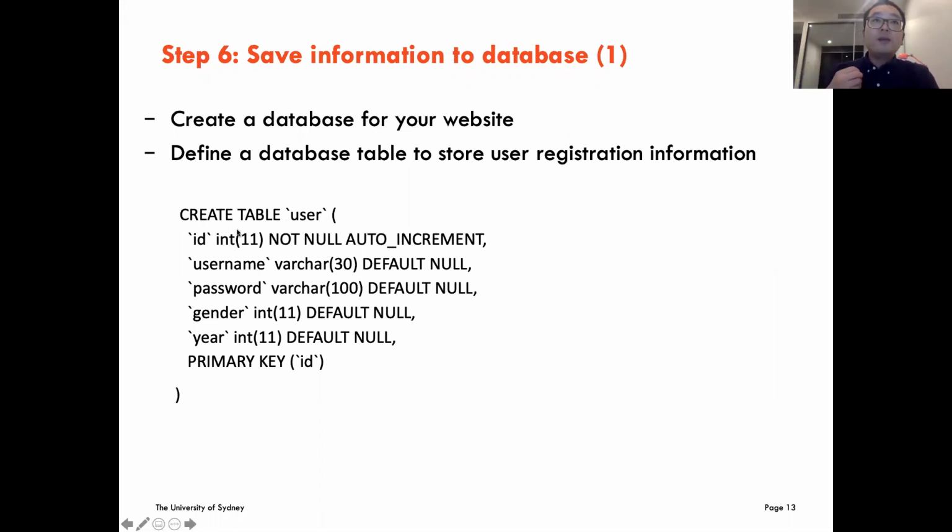In this table, there will be 5 fields: the user ID, username, password, gender, and year. You can see that these 4 fields are the information the user submits to us. So I'm going to store all this information in this table.